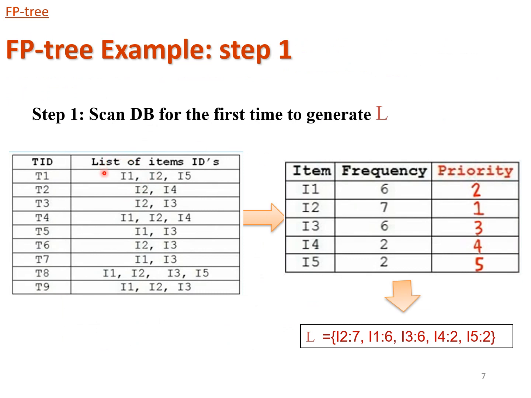So this is the first step. We scan the dataset first to generate L along with their frequency and priority, which means order. So here are the items. Item 1 appeared 6 times.